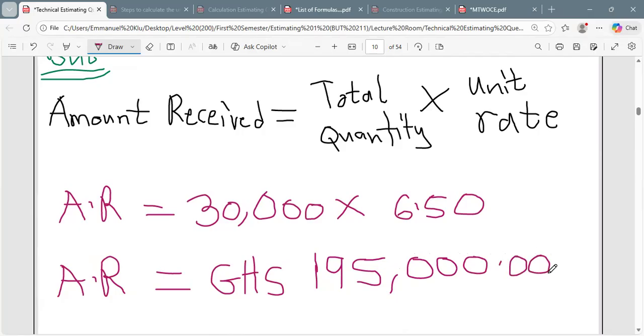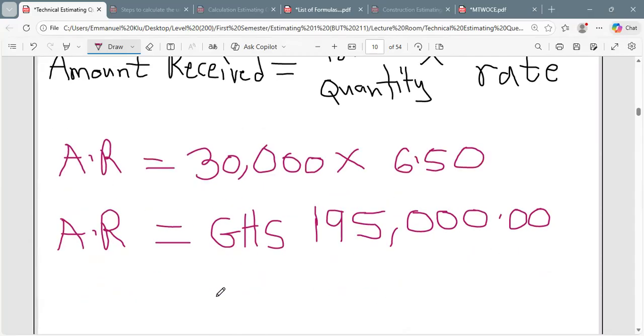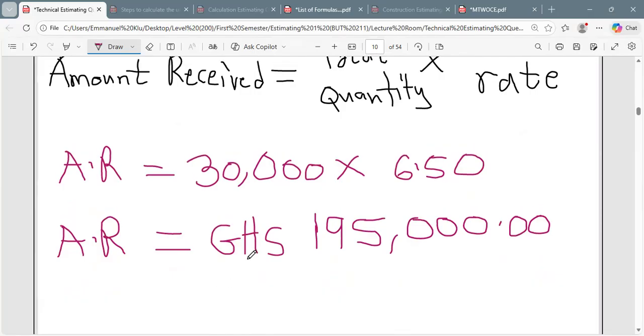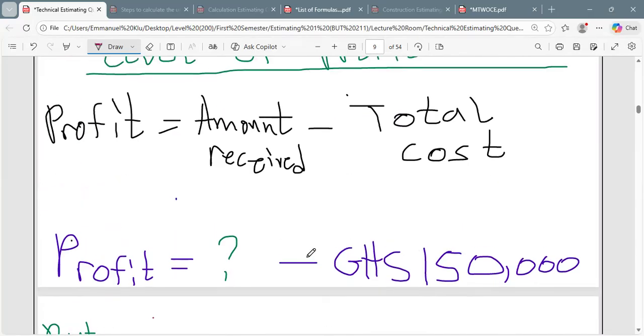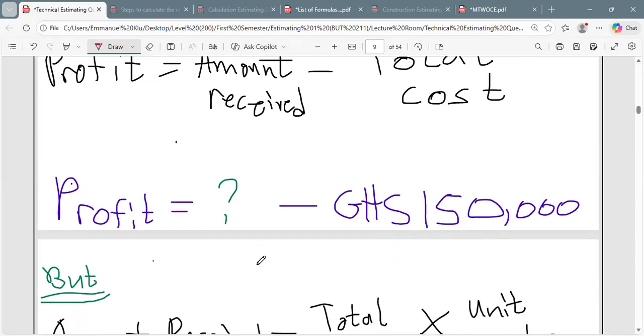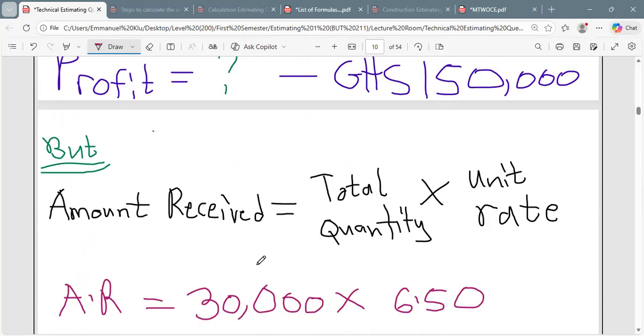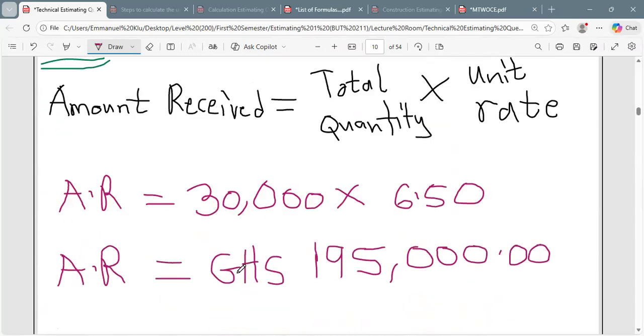Okay. So that is it. And then at the end of the day, we are done with our amount received. Okay, so we can now go on to calculate for our profit, since we know our amount.